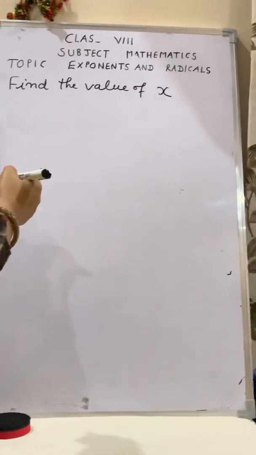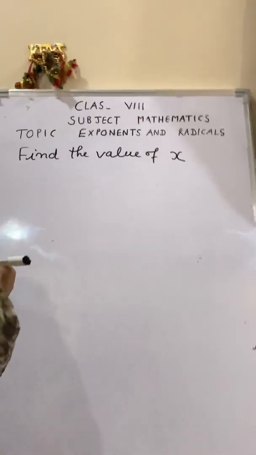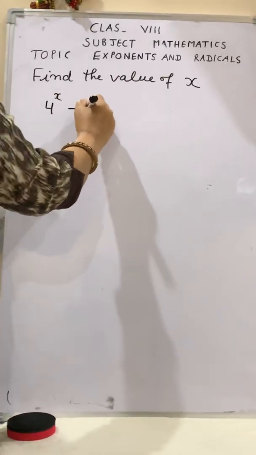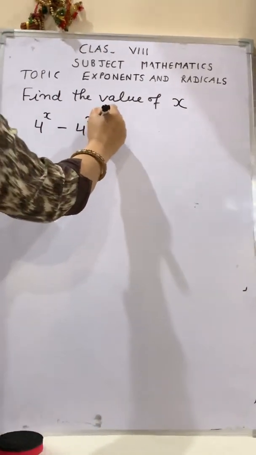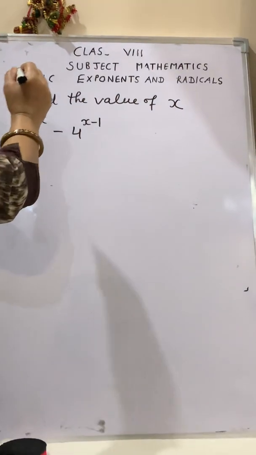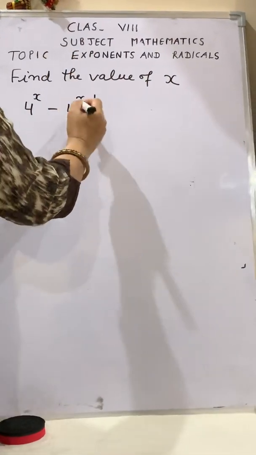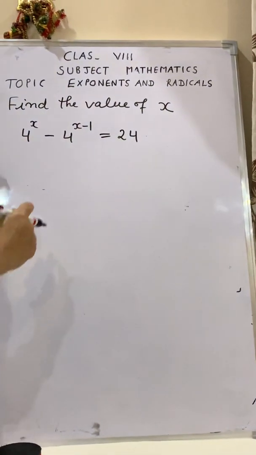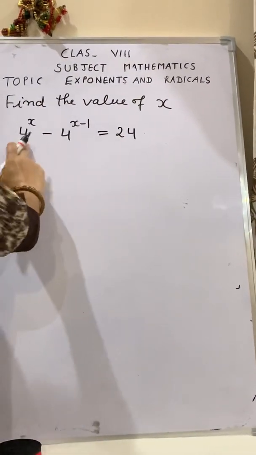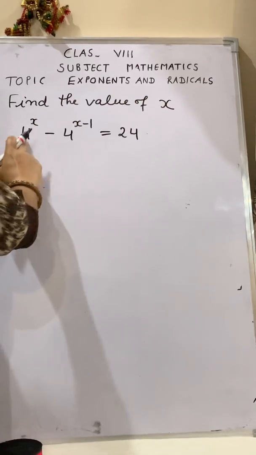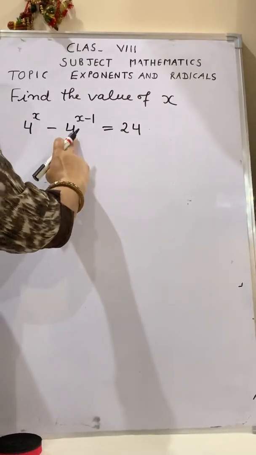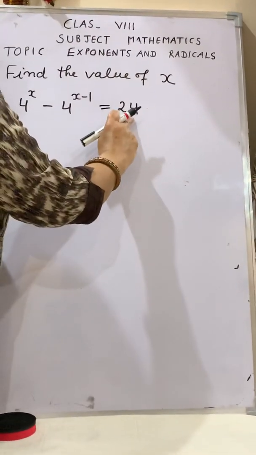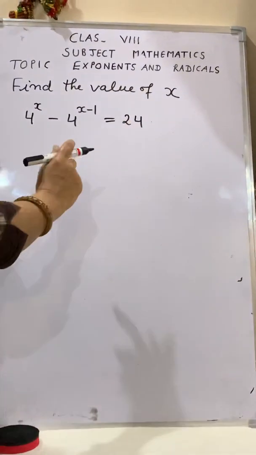It means we have to solve an exponential equation: 4 raised to power x minus 4 raised to power x minus 1 is equal to 24. In the left hand side, there are two terms. First is 4 raised to power x and second is 4 raised to power x minus 1. And in the right hand side, it is only one term, which is 24.